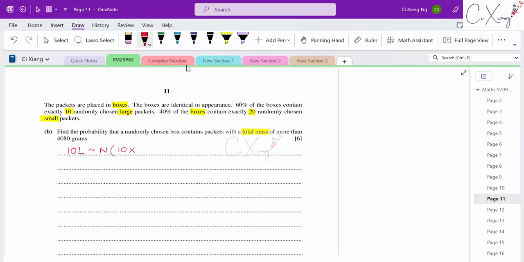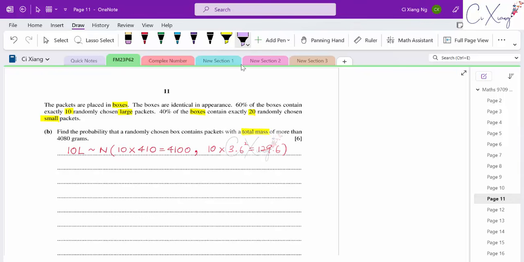So I take 10 multiplied by the mean of L in part A, which is 410, and I get 4100. And then for the variance, I need to take 10 multiplied by the variance of the original L, which is 3.6 squared, and then I have 129.6.